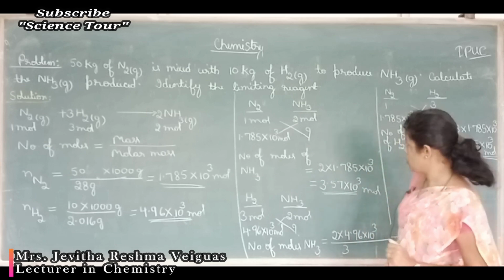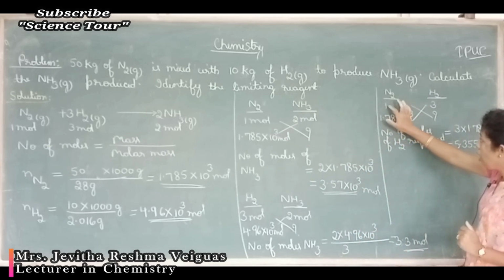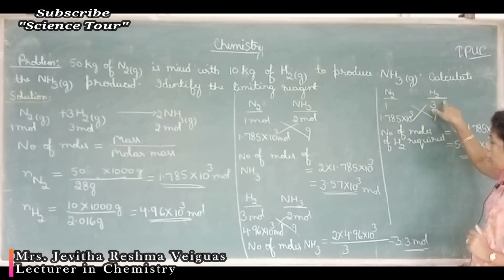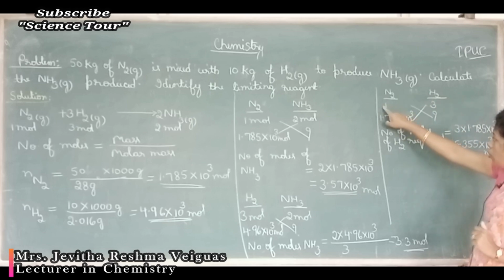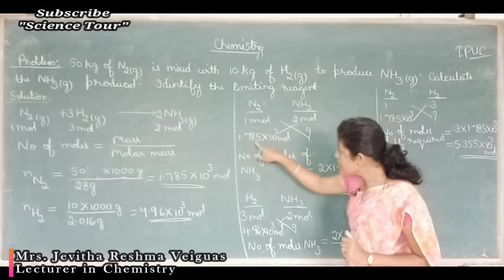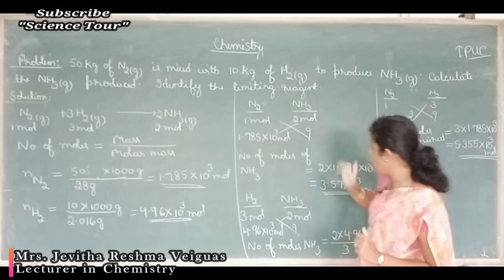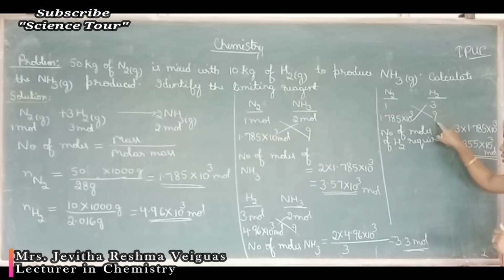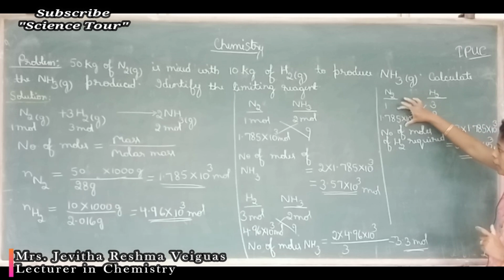To find this, I will take the calculation this way. 1 mole nitrogen will react with 3 mole hydrogen. So 1.785 into 10 to the power 3 moles of nitrogen needs how much hydrogen? That needs 5.355 into 10 to the power 3 mole hydrogen. So much hydrogen is needed to react with 1.785 into 10 to the power 3 moles nitrogen.